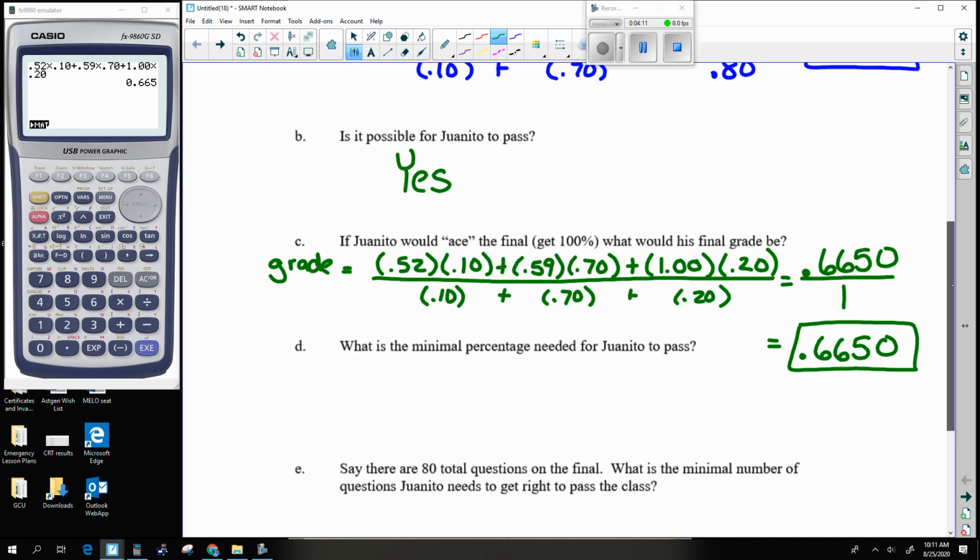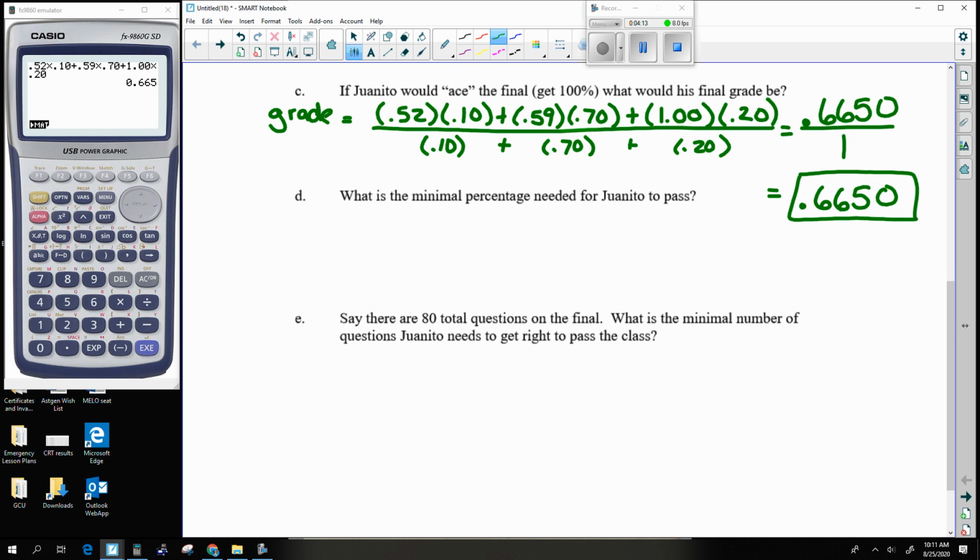Okay, we see that passing is 60%. What is the minimal percentage needed for Juanito to pass? All right, so to pass, his grade is going to be 60%. Now, he still has a 52% on the homework, still has a 59% on the tests. However, the final, which is worth 20%, we don't know.